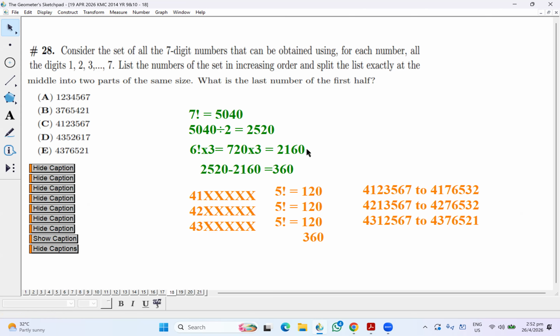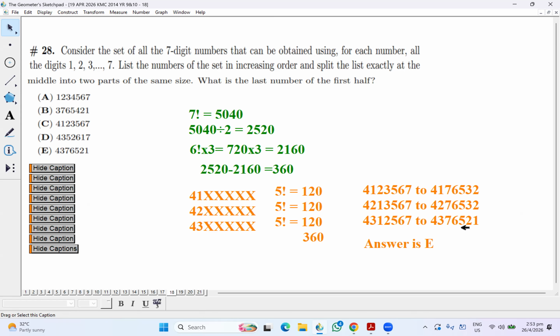At this one just now, start with 1, 2, 3. This one all start with 4. So we reach the maximum 2160. So the answer is E.